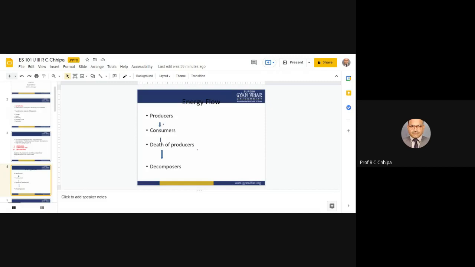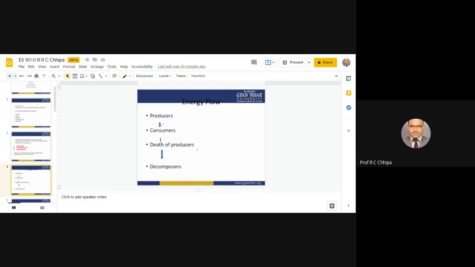So this is the ecosystem: some producers, then consumers. Producers and consumers both have death, plant death and animal death, and those parts of plants and animals are further decomposed by very small animals and plants, and those are the decomposers. Any plant that dies undergoes the process of decomposition.